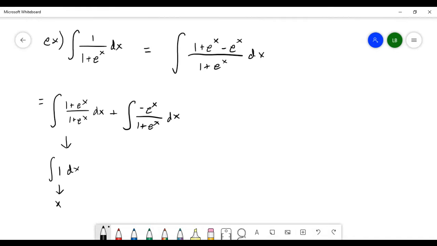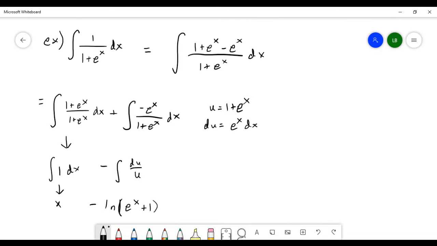The second integral, we can go ahead and apply u substitution on, because now we do have that e to the x on top. So that's the integral of du over u, which is the natural log of u, so minus the natural log of e to the x plus 1.